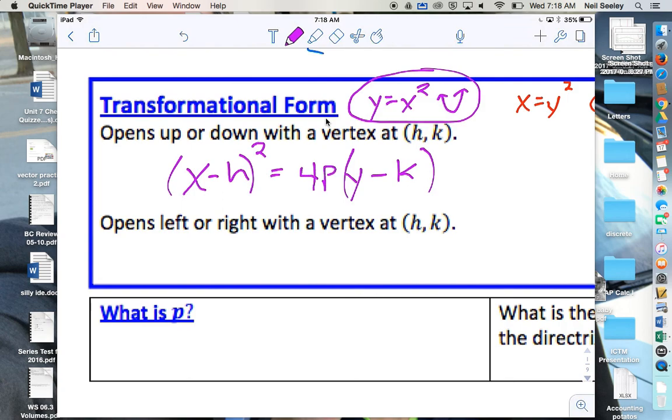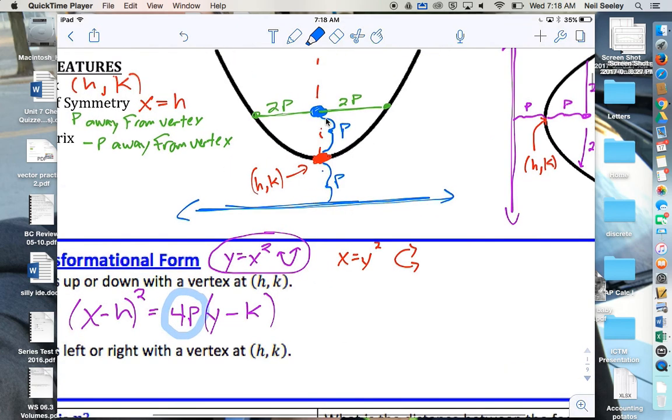Now, that's a special form, a way of writing a parabolic or a quadratic equation. And if you put it in this form, what it makes evident is 4p. And you realize in all our drawings up here, the really important things to know for that parabola are h, k, and p. So this is a form of writing that quadratic so that h, k, and p are made obvious.